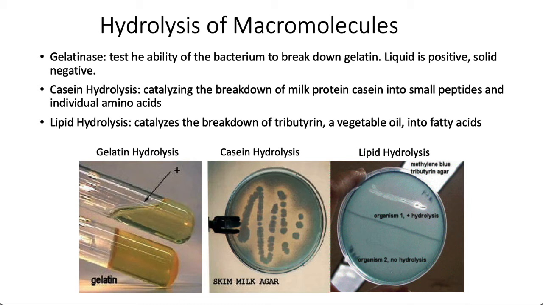So bacteria that are able to break down proteins, polysaccharides, and so on, they tend to be nastier, because that means that they can advance faster. They can break down, let's say, connective tissue, and that way they can invade human tissues.